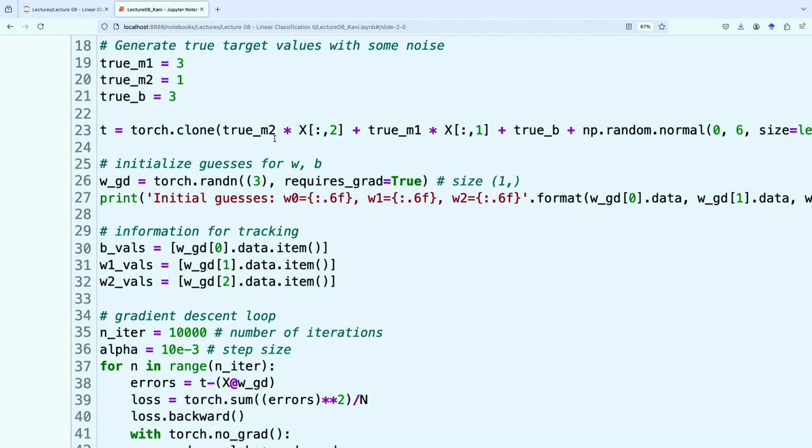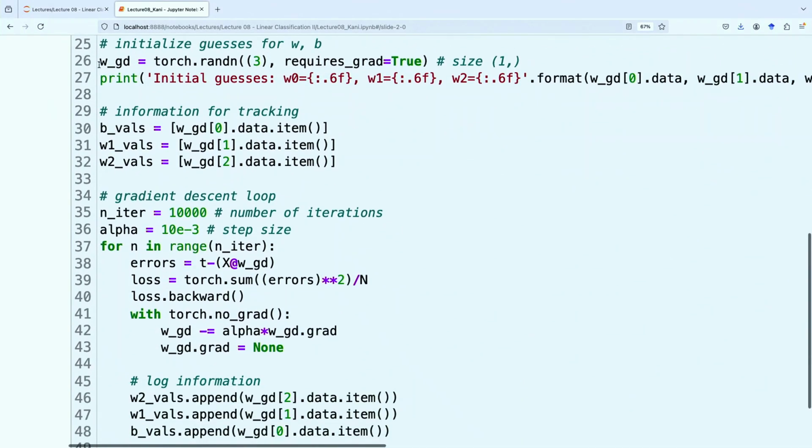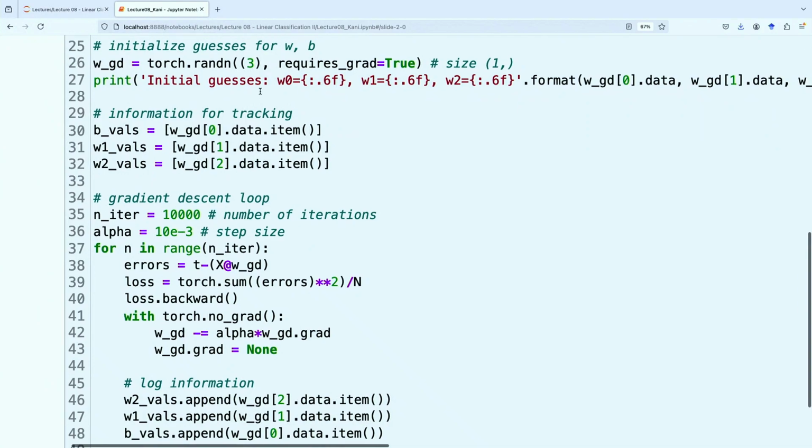We have two parameters, so we need a W2 and a W1 value. We need the B value, so we have a particular set of parameters which we want to go down the gradient of.